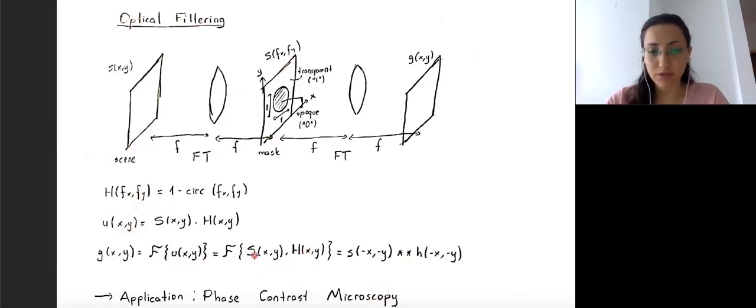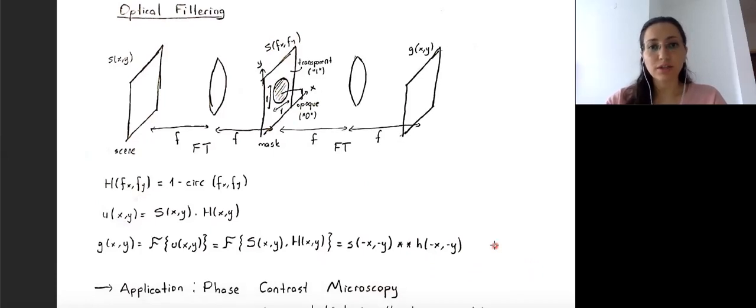The Fourier transform of this term will be inverted s, and the Fourier transform of this will be inverted h. So we basically have the inverted source convolved with the inverted h. Little h is the inverse Fourier transform of this mask. So capital H is the frequency response of our filter, and little h is the impulse response of our filter. So we're applying a high pass frequency filtering in this case. And that's the mathematical justification.